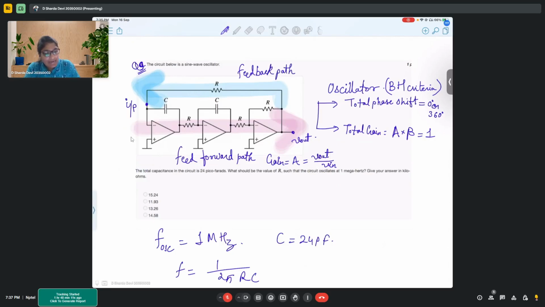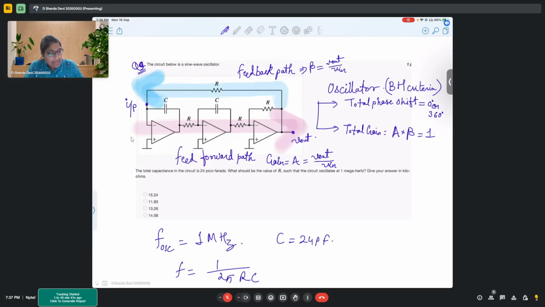And how do you find it? When you find gain or, let's say, a transfer function, it is always what is after by what is before. So here we call the feedback path factor beta, and it will be V in by V out.